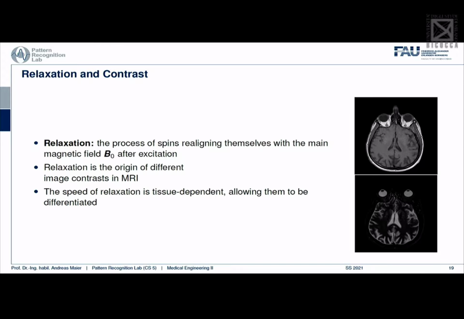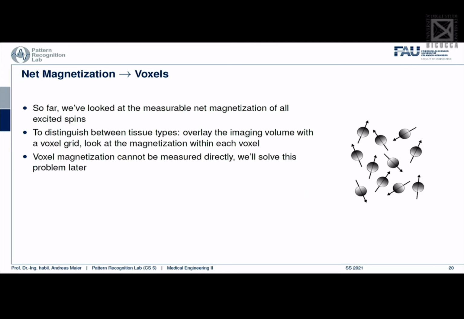The spins start to realign with the main magnetic field. This relaxation process is the origin of the image contrast in MRI. The speed with which this happens depends on the tissue, and therefore it allows us to differentiate the different tissues.